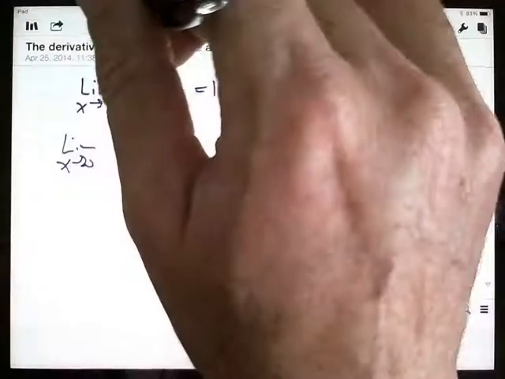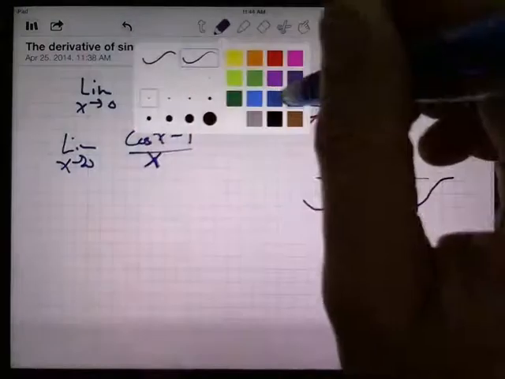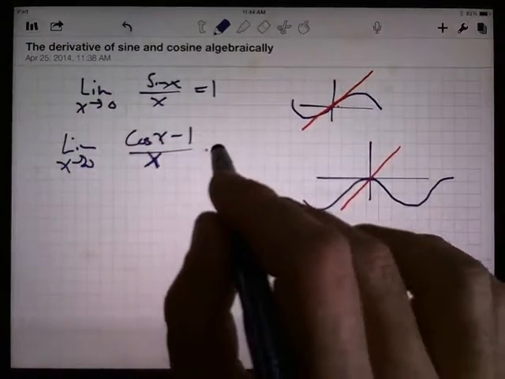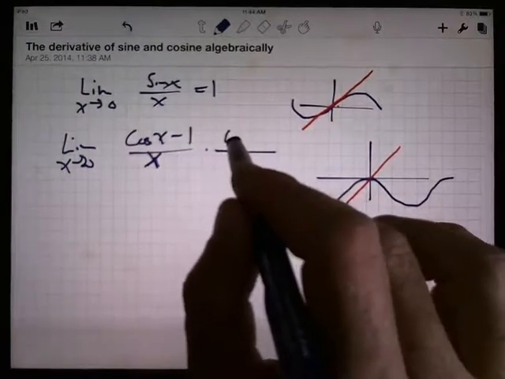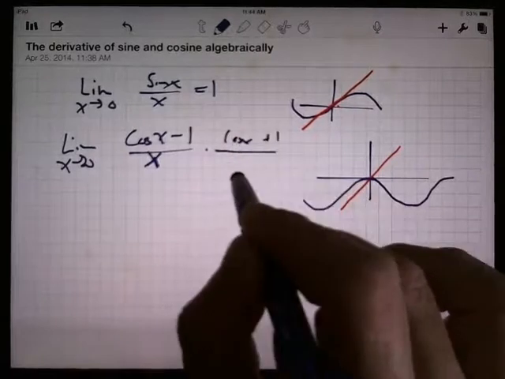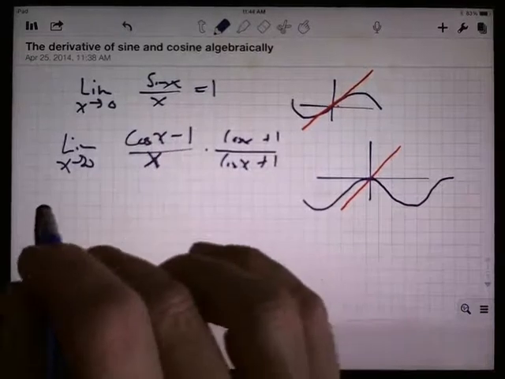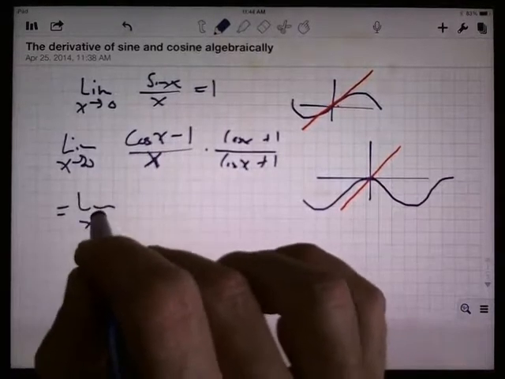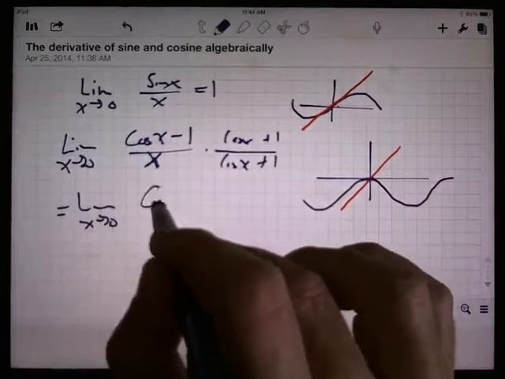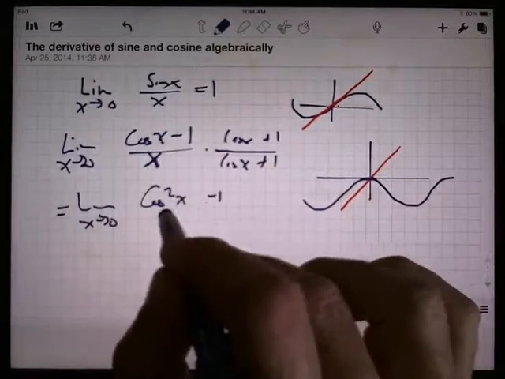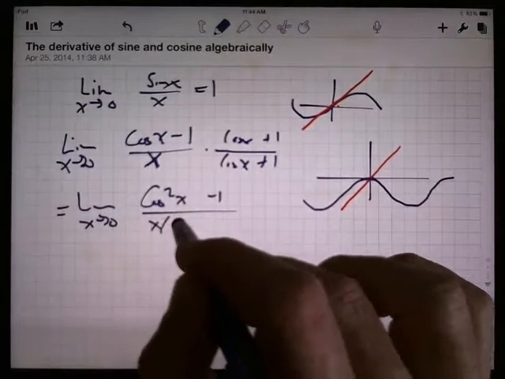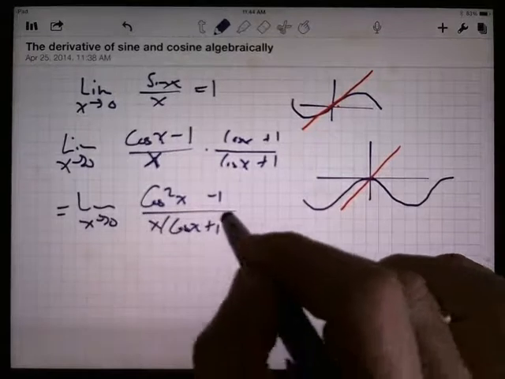And the way I do this is I turn it into this one. So I'm going to multiply by 1 of the form cosine x plus 1 divided by cosine x plus 1. So essentially the conjugate of that. So this is equal to the limit as x goes to 0 of cosine squared x minus 1 over x times cosine x plus 1.